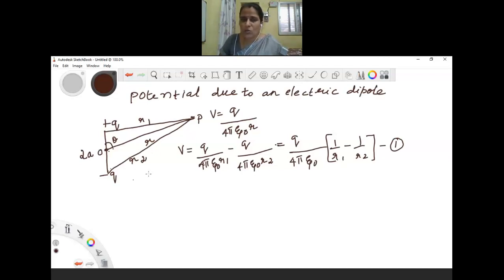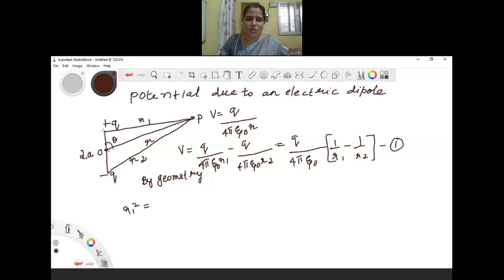In order to calculate that by geometry, what is R1 square? R1 square is equal to, we are going to consider this triangle.